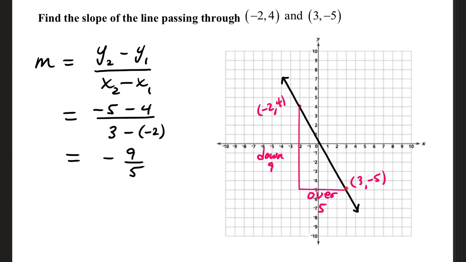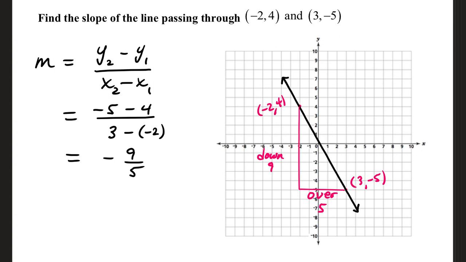These two pink dots are the only values that were given. To get from one point to the other, and notice this line runs downhill, to get from 4 all the way down to -5, we have to have a vertical change of down, or -9 units.